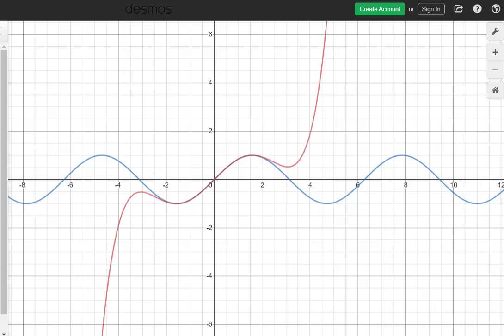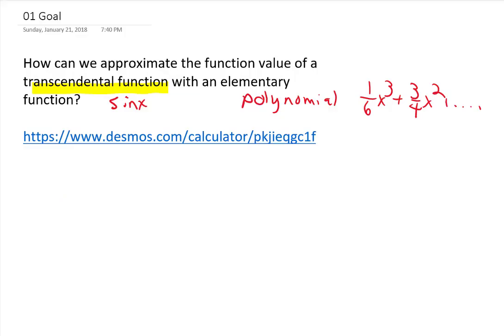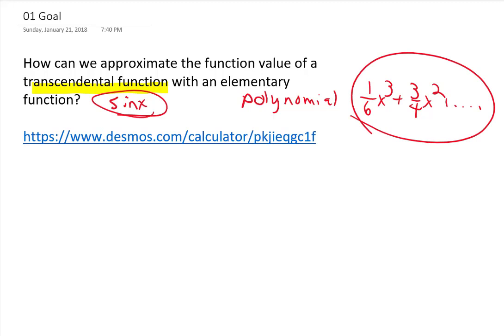And if we go to something to the fifth order, it matches in more places. So that's our goal: how can we take a function like the sine of x and approximate it using a polynomial function like this? The reasons for that we'll get into later, but it is an important concept.